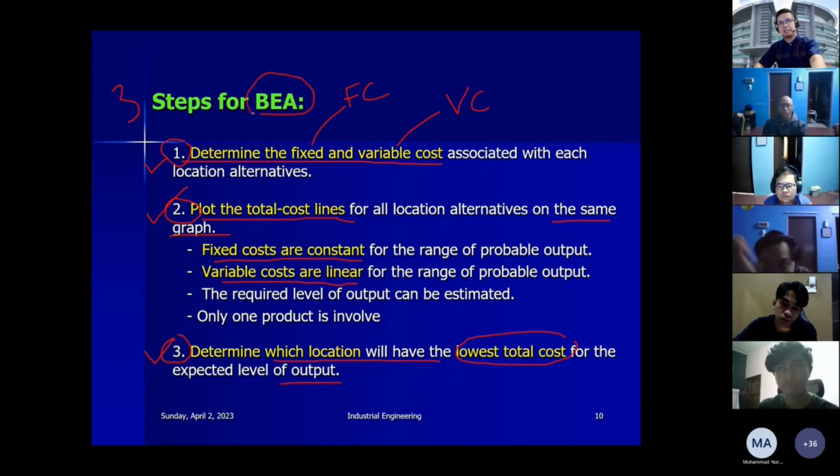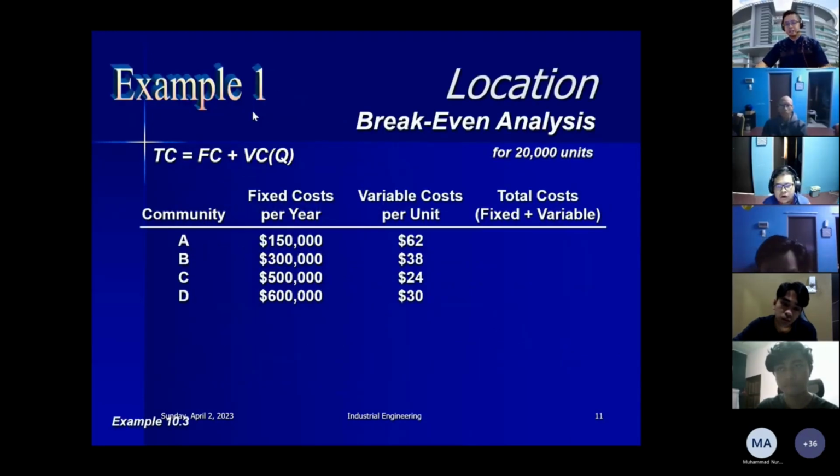Look at the example first. The formula is not given in our examinations, so please remember it. Here is given a community: A, B, C, and D. You are given a fixed cost per year and also the variable cost per unit, and then you have to find the total costs.